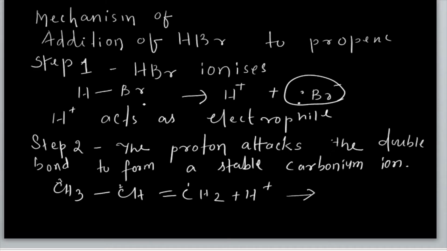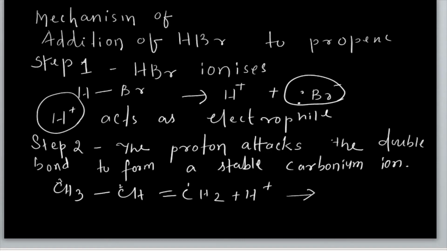Why is this happening? Bromine is highly electronegative compared to hydrogen. That is why the electron pair which forms the covalent bond comes towards Br, so it has a negative charge. And since H plus is deficient in electrons, H plus acts as an electrophile.